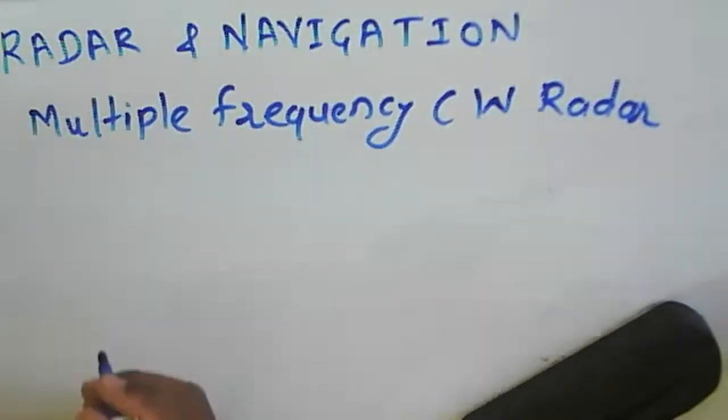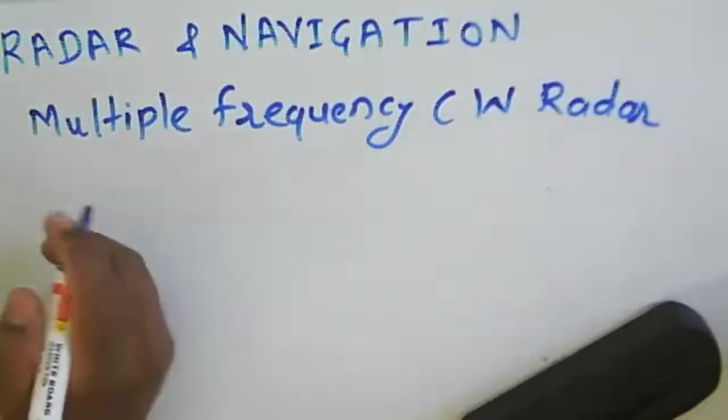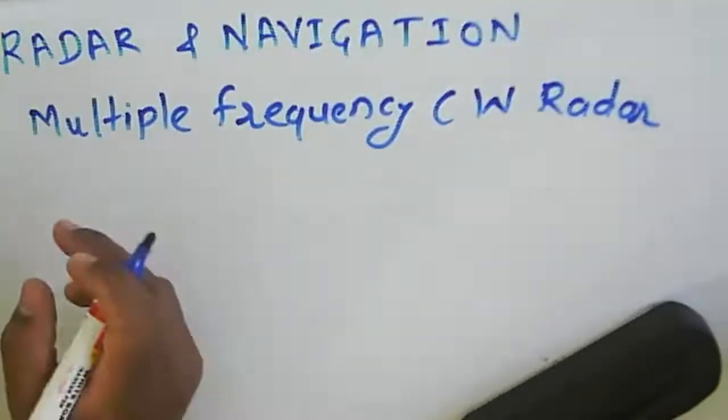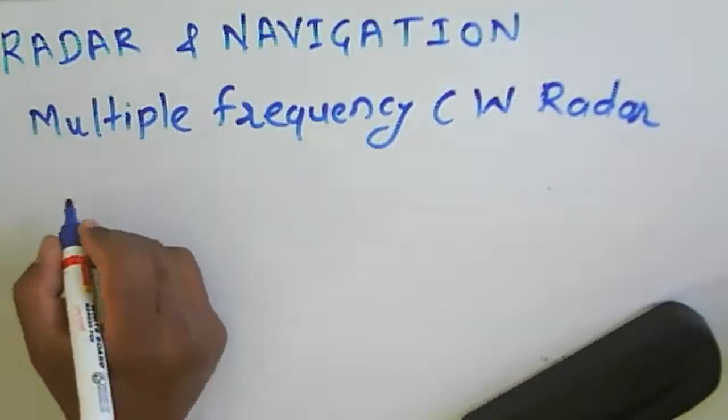Generally, if you consider a CW radar, it radiates a single frequency signal, which is a sinusoidal signal.